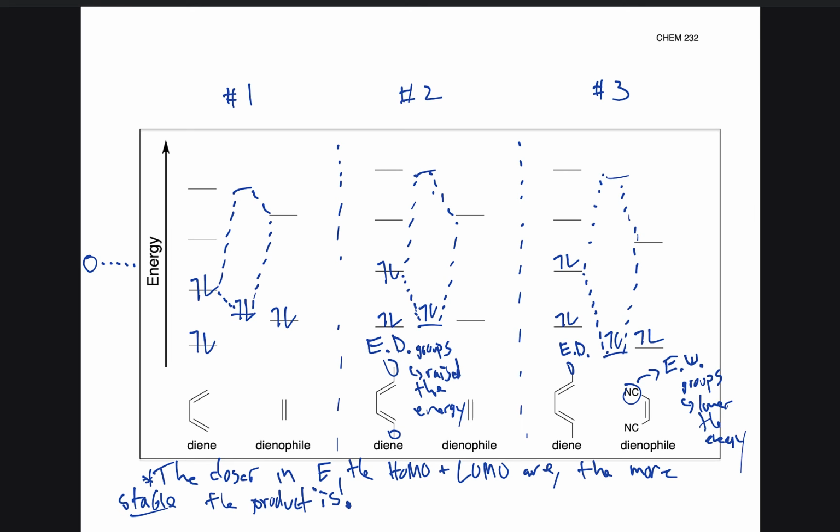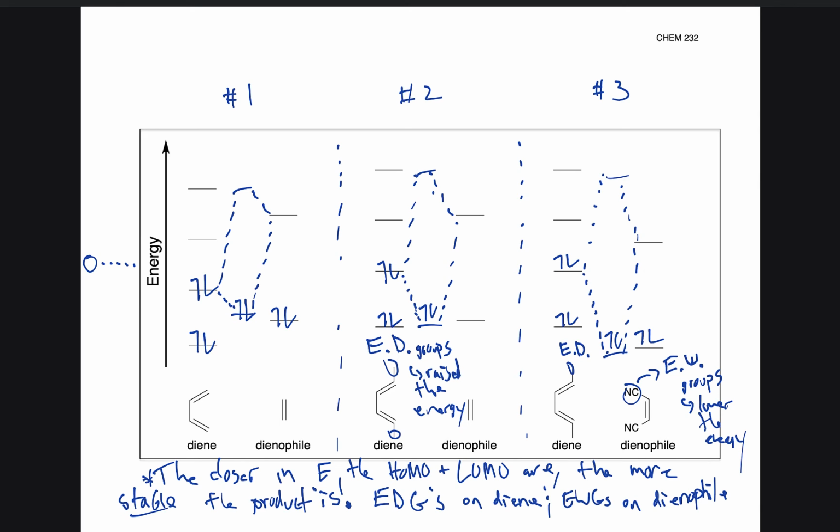And so we want to raise the energy of the diene and lower the energy of the dienophile. So we want electron donating groups on our diene and electron withdrawing groups on our dienophile, because it brings the energy of the HOMO and LUMO closer together, making for a more stable product.